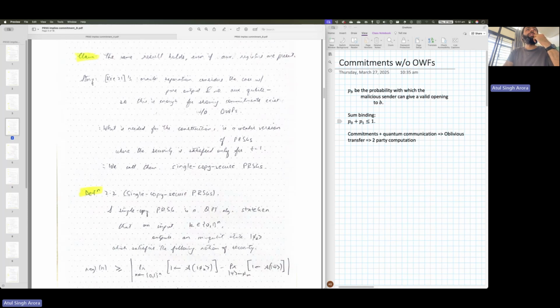And it's also important to note that Kretschmer's result, which we'll see maybe next time, gave an oracle separation between pure output and no auxiliary qubits. This is the kind of PRSG, pseudorandom state generator, that was used to show the oracle separation.